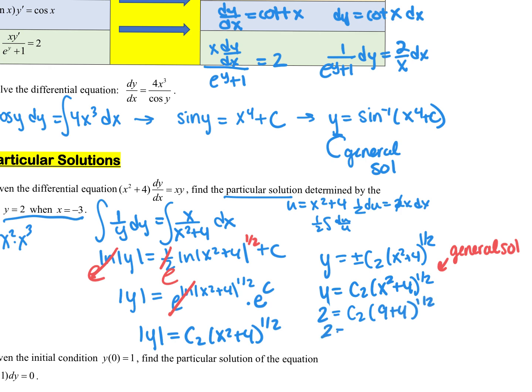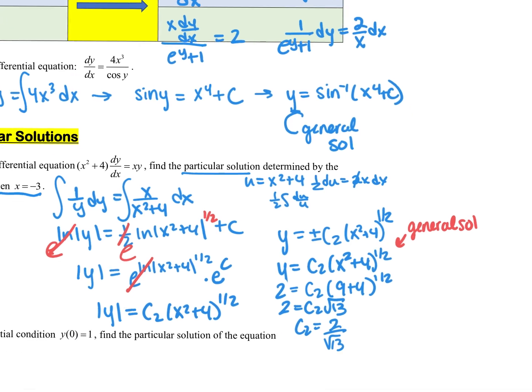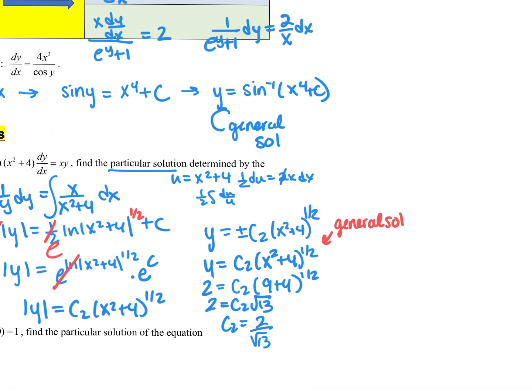So 2 is equal to c2 times the square root of 13. So c2 is 2 divided by the square root of 13. So then if we take our general solution here, and plug in our c2, we now have a particular solution.